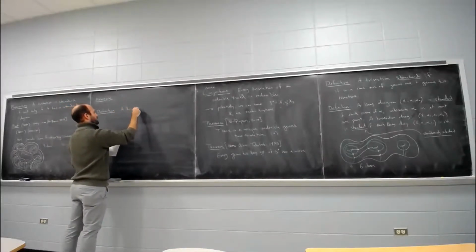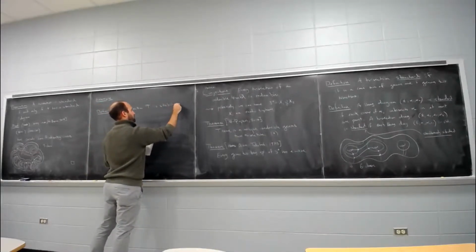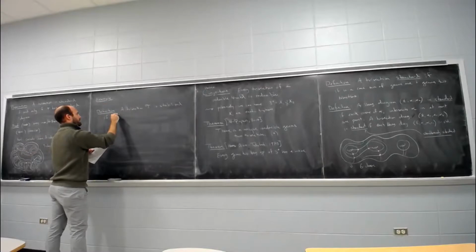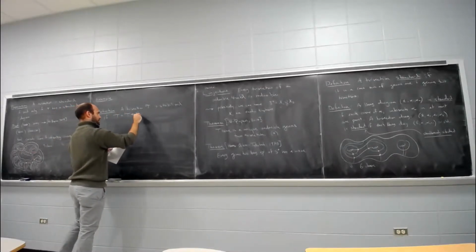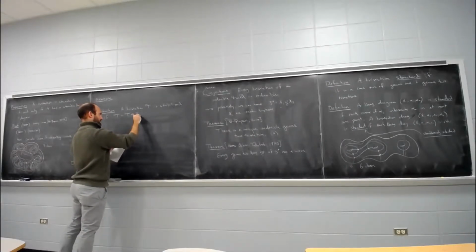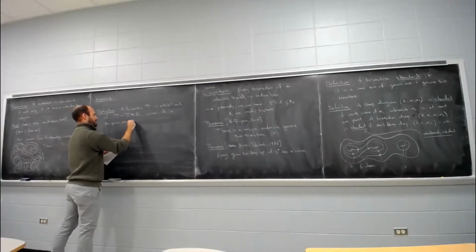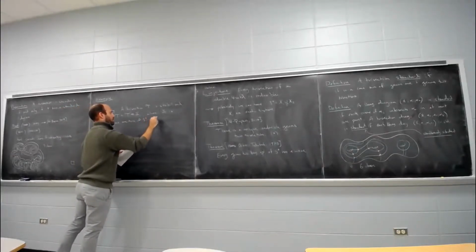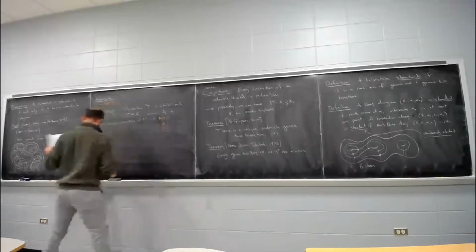So a trisection T is stabilized if it decomposes as a connected sum with a trisection that I'll denote by Sj, where Sj is the genus 1 trisection of S4 with chi of j, or with k of j, equal to 1.